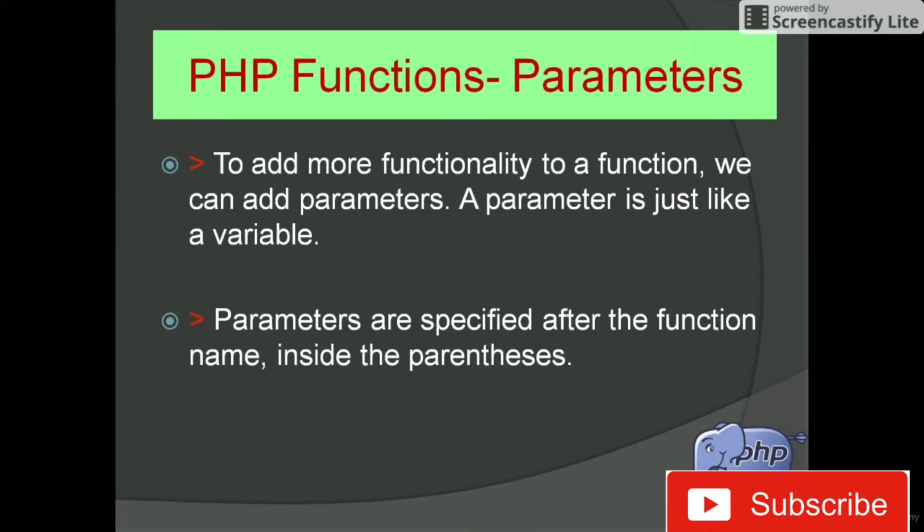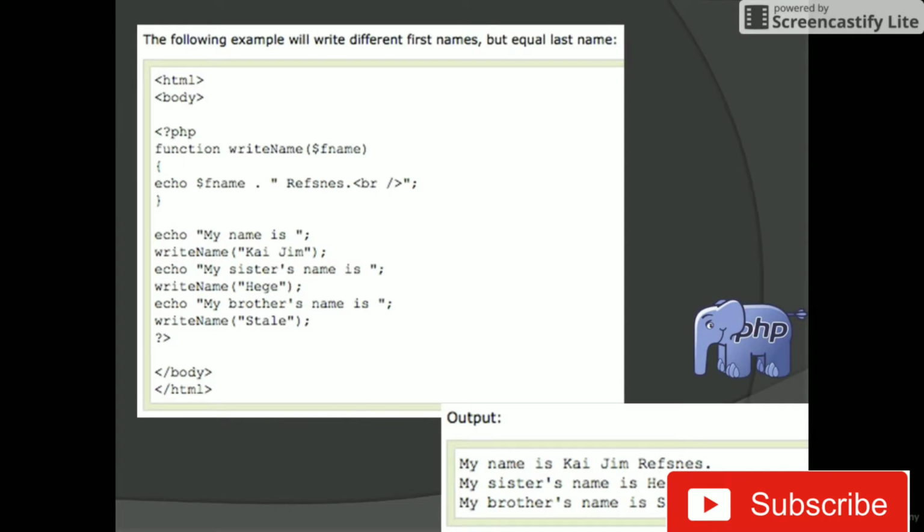Then there come parameters, which are part of the function. Parameters are like variables, but their scope is within the function. They do not work outside that function. Values get changed. For example, in this function writeName, $fname is the parameter which has a scope within this function only.